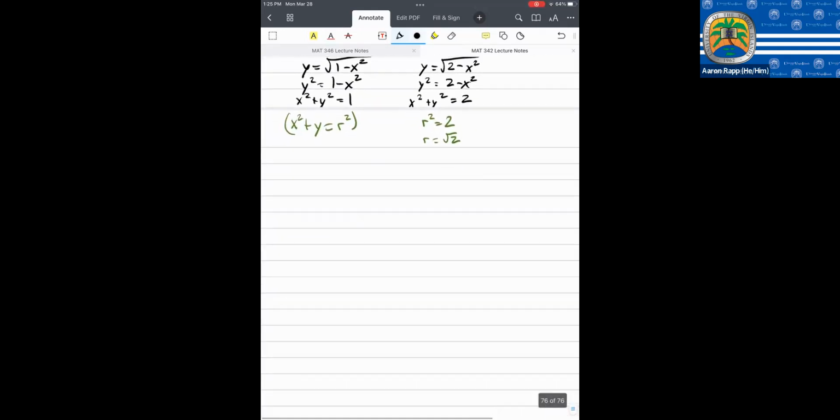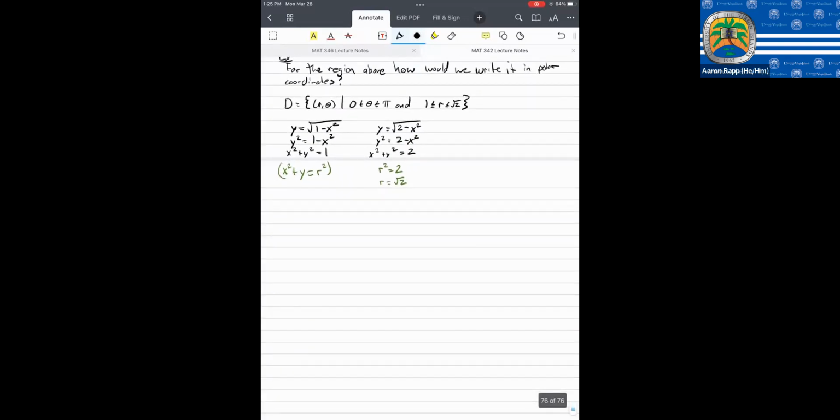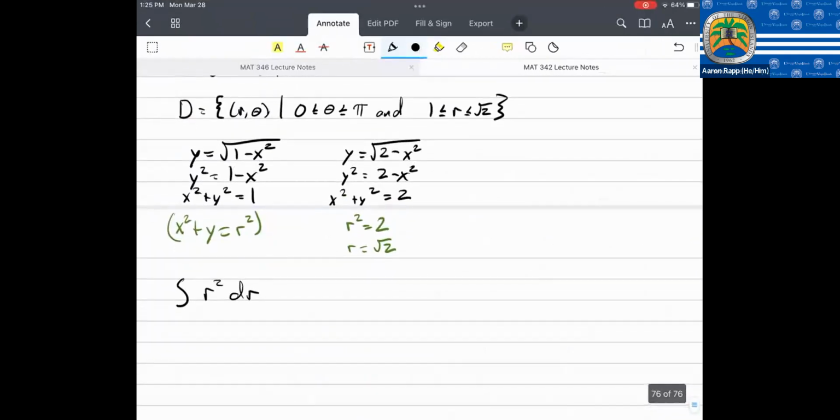So if I want to integrate, let's say, r squared with respect to r, what is that going to be? What is the antiderivative of r squared with respect to r? And then technically, to be 100% accurate, plus my integrating constant because I've got no bounds of integration.